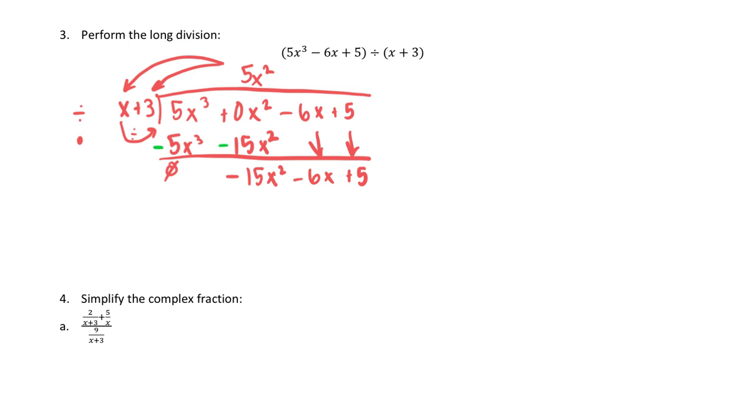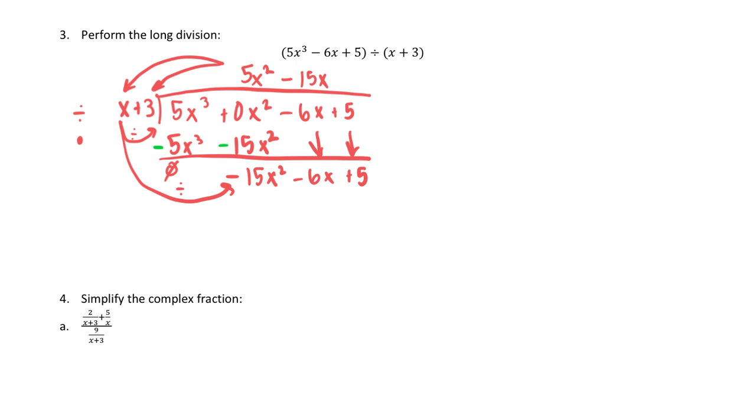Okay, now we're going to take this x and divide into the negative 15x squared. So we get here negative 15x. Okay.